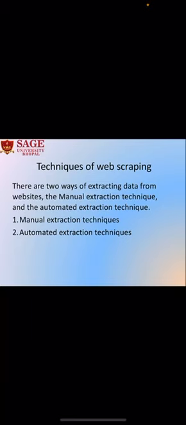Though it's tedious and time consuming and of course repetitive, it is an effective way to scrape data from sites having good anti-scraping measures like bot detection. The automated extraction technique. Web scraping software is used to automatically extract data from sites based on user requirement. So they are HTML parsing, DOM parsing, and web scraping software.